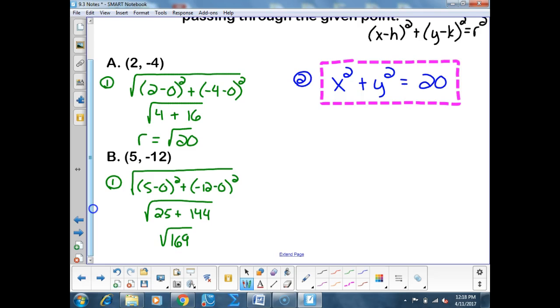Okay? So that's my radius. So then my equation of said circle over here would be x squared plus y squared equals 169.